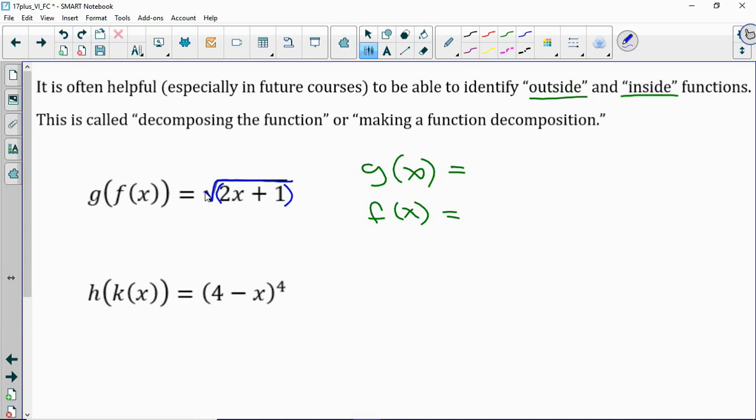So in this case, my outside function is going to be the square root of x, and then my inside function will be 2x plus 1. And we can see now that when I put 2x plus 1 in here for the x, I get the square root of 2x plus 1.